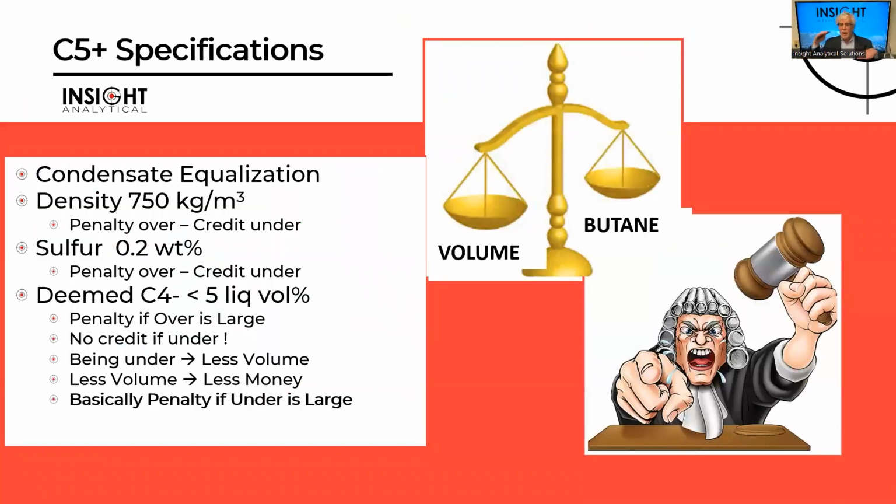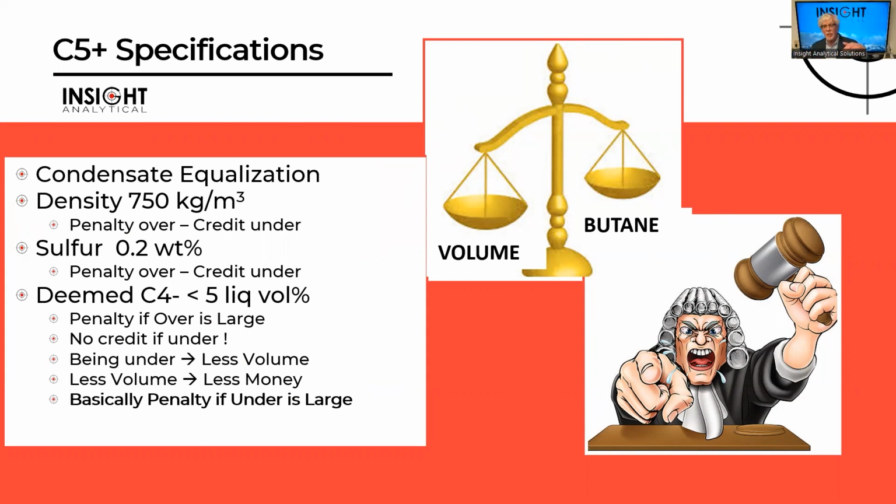I'm stuck in this balancing act where I would like to have as much butane in there because that increases my volumes. But if I have too much butane in there, I'm going to pay a penalty. So whenever we have that competing kind of trend between two things, more butane is good, it gives me more volume, but too much and I pay penalties, it means I'm in a position where I can do optimization.